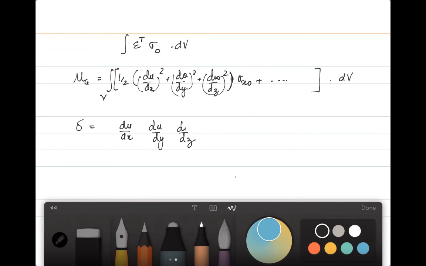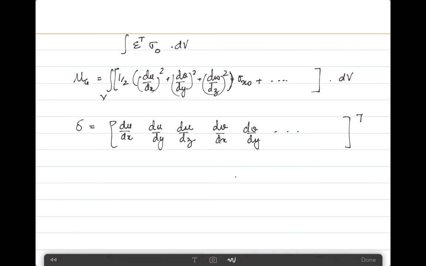If I have du dy, dz, and in the same way I continue with dv dx, dv dy, and so on for all the 3 u, v, w with respect to x, y, and z, then I can write the energy to be equal to half of the integral of this displacement vector with the derivative of the displacement transpose times the stress vector for the 3-dimensional case.